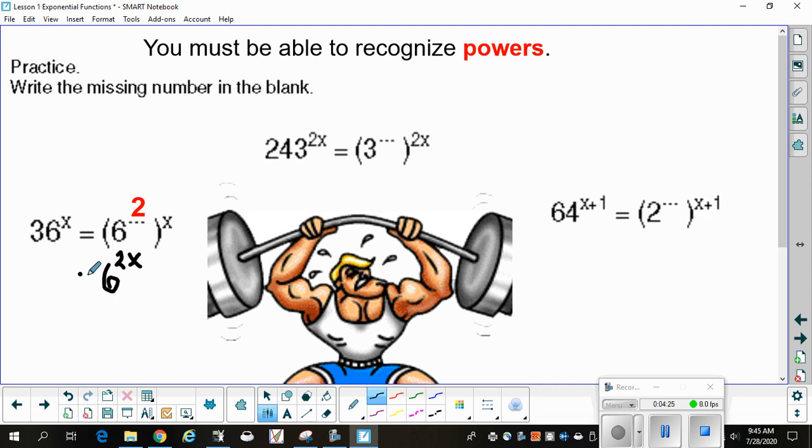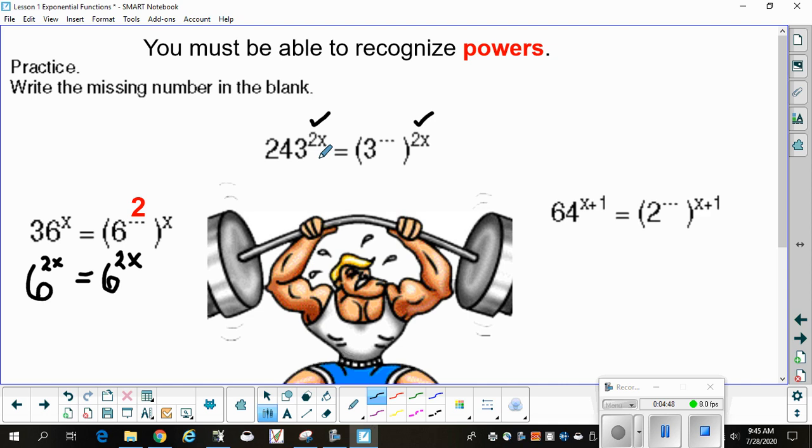On the other side, this guy, he is just 6 to the 2x. Now I've got 243 to the 2x is equal to 3 to some power raised to the 2x. So the 2x and the 2x are taken care of.